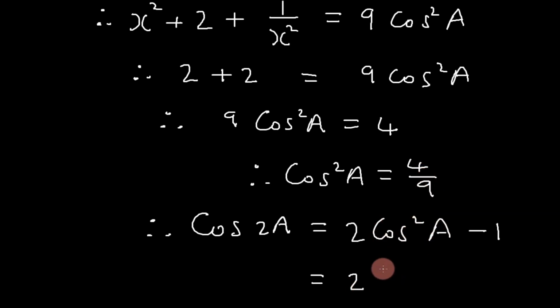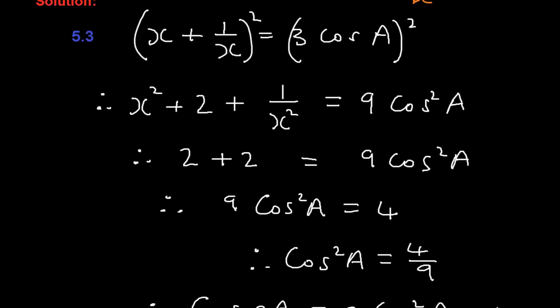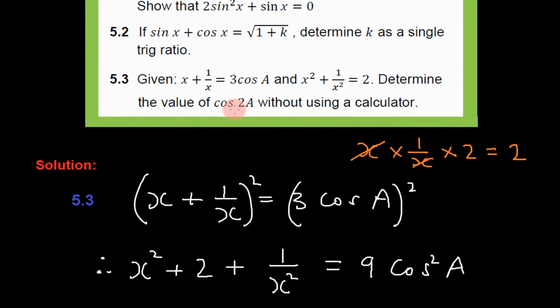So we can fill it in here. So it's 2 times 4 over 9 minus 1. We can simplify this. 2 times 4 is 8. So it's 8 over 9 minus 1. And we could do this on a calculator. 8 over 9 minus 1 is minus 1 over 9. And now we have a value for cos 2a, which is what we were asked to do.